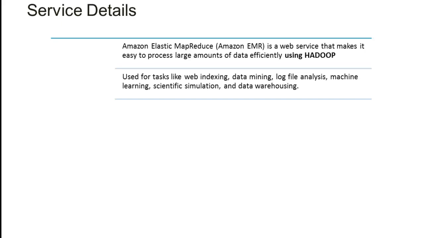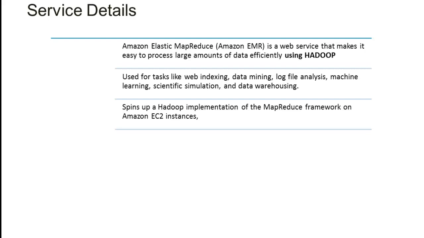So, for that purpose you would need Hadoop, and Amazon also provides you Hadoop to use in the cloud. What it means is that you can spin up a Hadoop implementation of MapReduce. MapReduce is basically the algorithm which works behind Hadoop. So, that's it on Amazon EC2 instances.